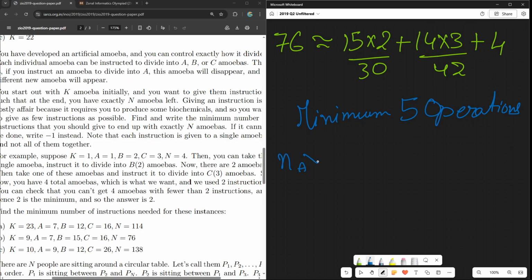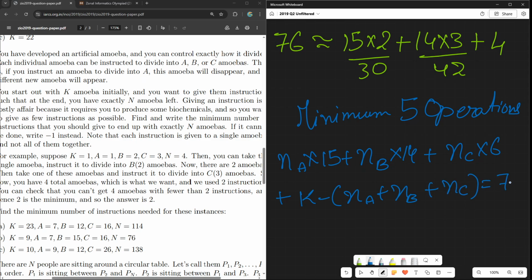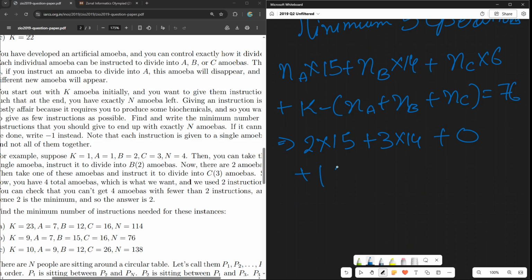n of a into 15 plus n of b into 14 plus n of c into 6 plus k minus n of a plus n of b plus n of c must be equal to 76. Is that right? Yes, 76. We took n of a as 2, so 2 into 15 plus n of b as 3 into 14 plus n of c as 0 plus k.